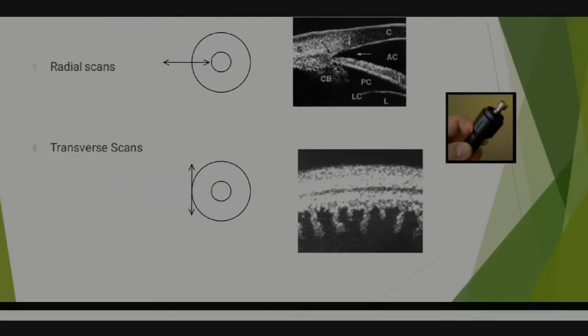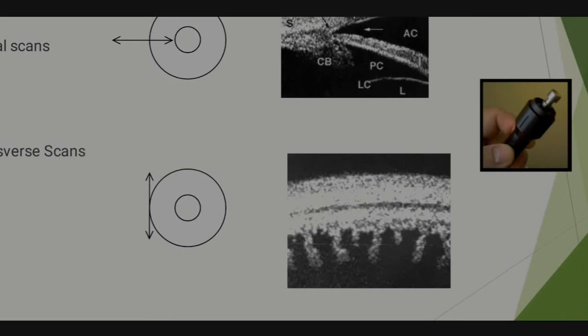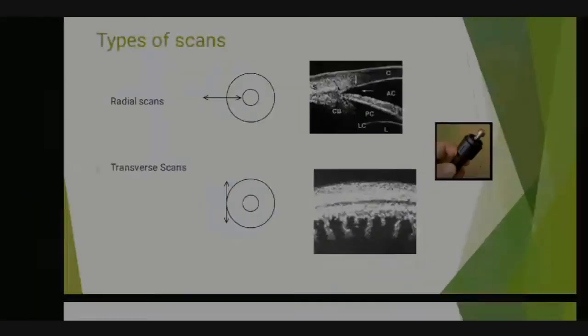In normal cases it will not be that visible. I will show you the clinical condition images later. Are the types of scan clear?